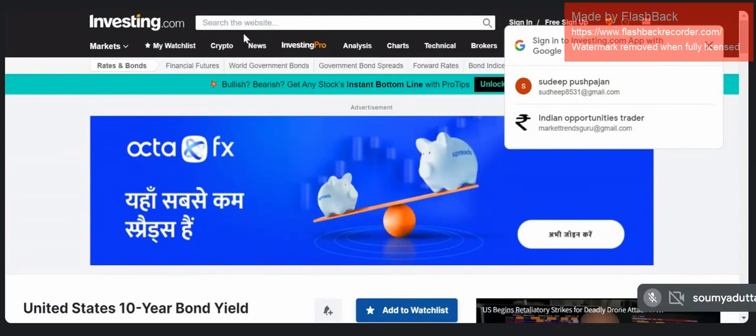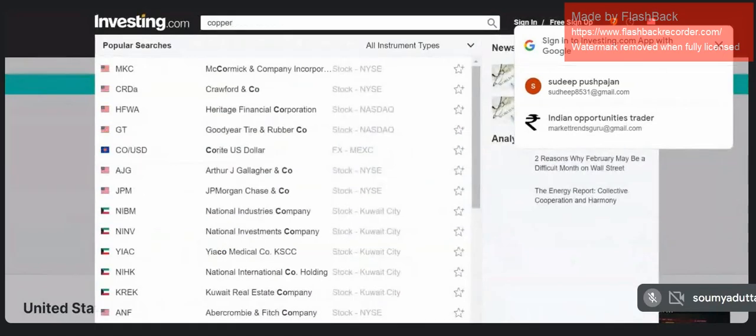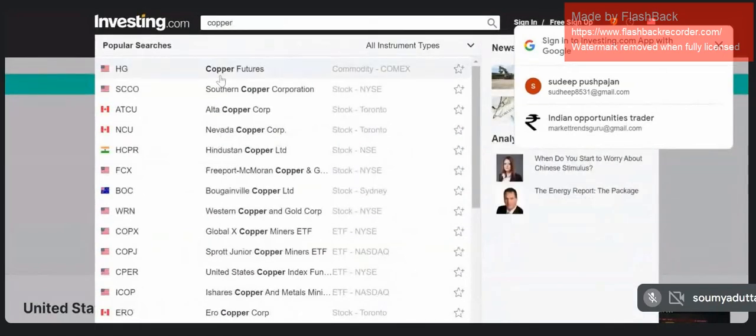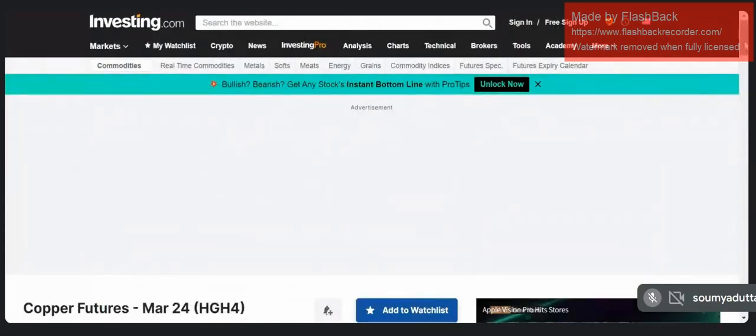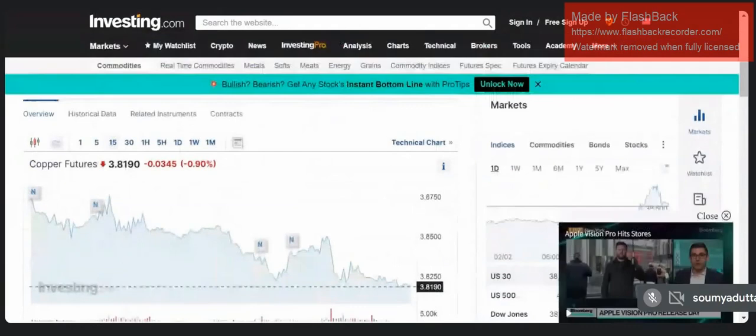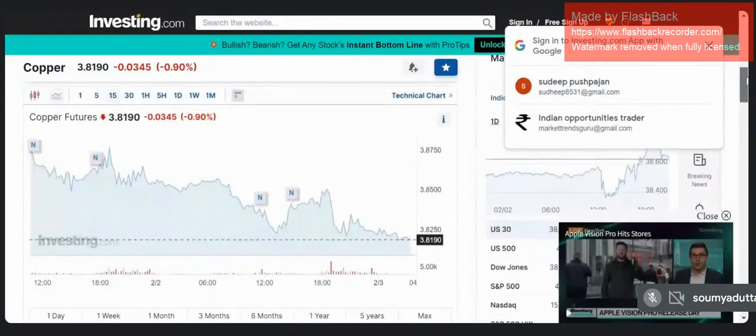If you look at copper prices, copper has not gone up very much. It touched some 5 last year. Now it is again back to 3.6 or 3.8. During the war, it touched 5. This is dollar per pound or something.